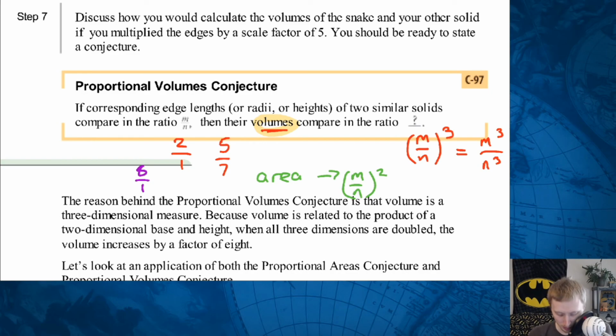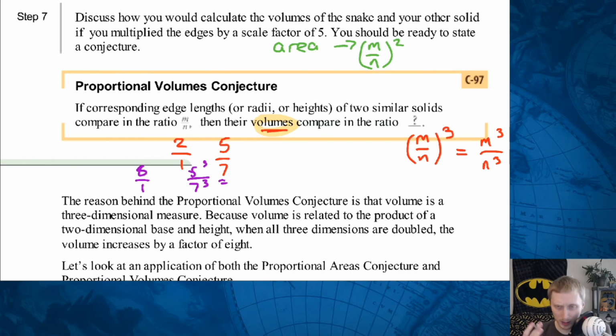5/7 cubed, you can represent as 5 cubed over 7 cubed, which is, no, I really gotta move this out of my way. 5 times 5, 25 times 5 again, 125, and now I don't remember 7 cubed off the top of my head. 49 times 7.